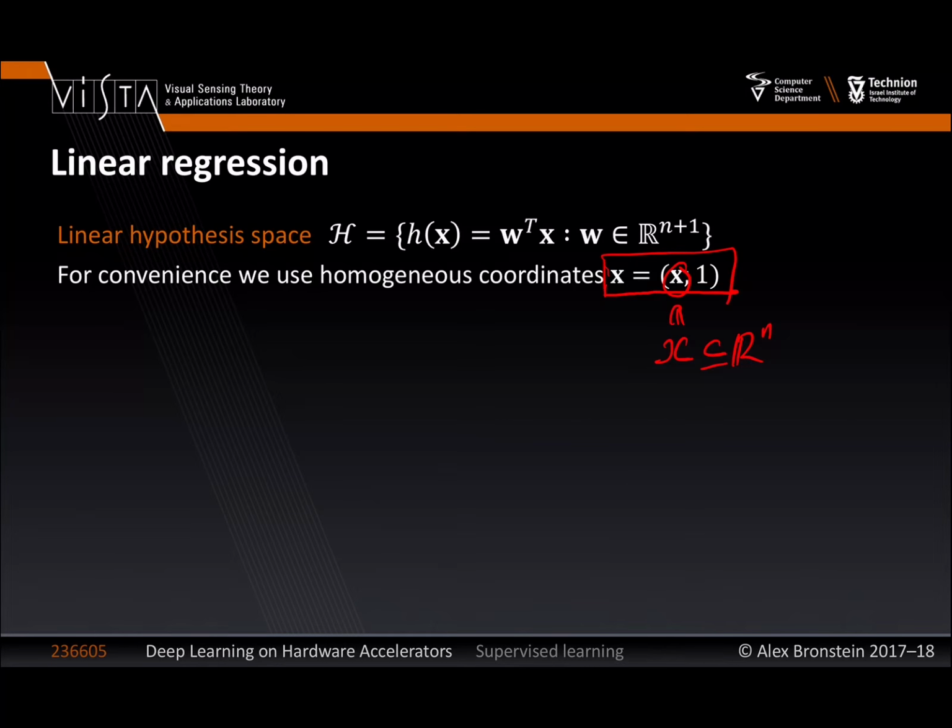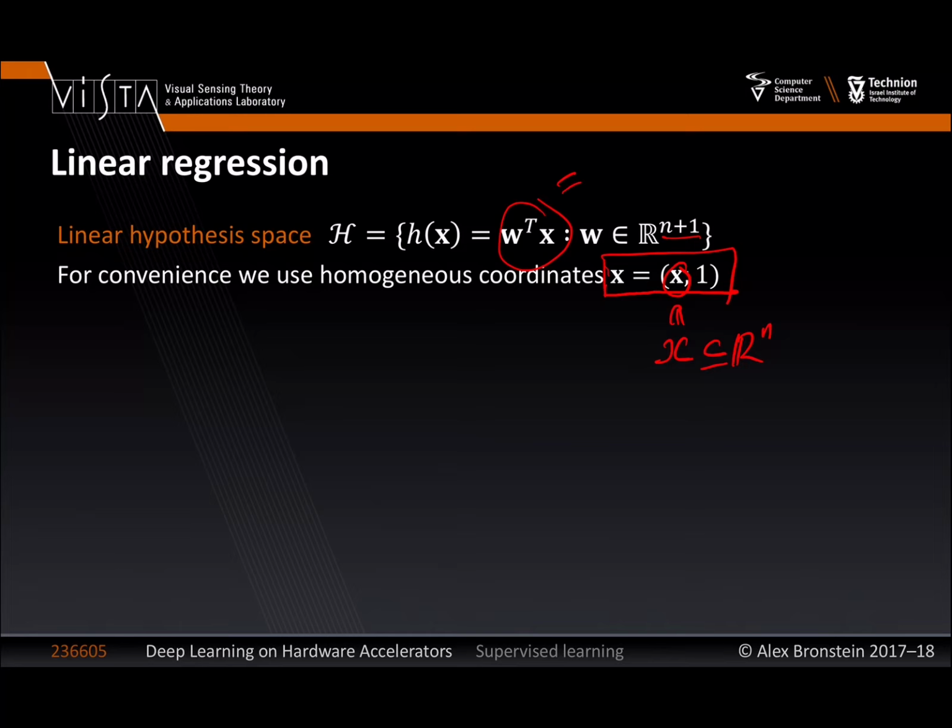I'm going to put 1 as an n plus first coordinate. And then basically an affine function looks like a linear function. Okay, so basically that constant w_{n+1} will be just absorbed into the vector of parameters w, which will now become n plus 1 dimensional. Okay, this is a standard trick.